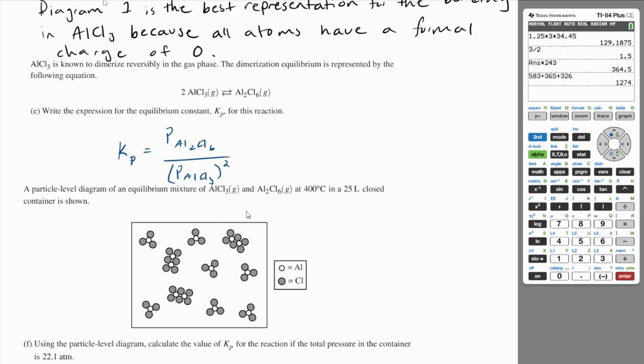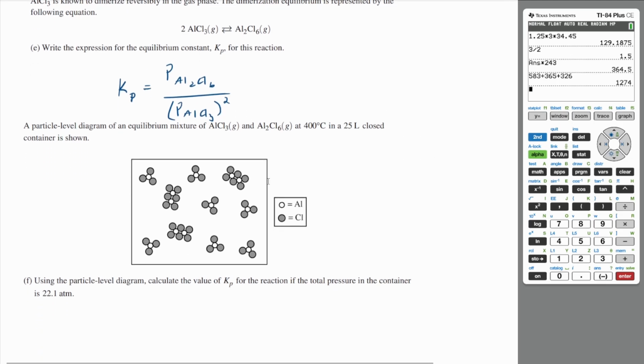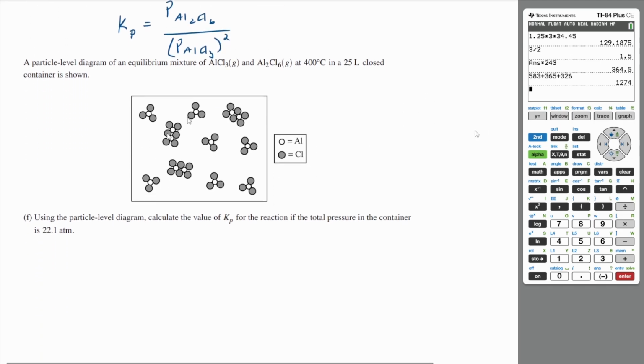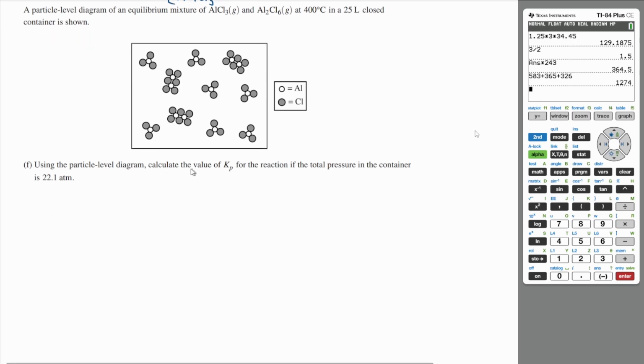Let's go on to the last part. A particle level diagram of an equilibrium mixture of aluminum chloride gas and Al2Cl6 at 400 degrees Celsius in a 25-liter closed container is shown. Using the particle level diagram, calculate the value of Kp for the reaction if the total pressure in the container is 22.1 atmospheres.